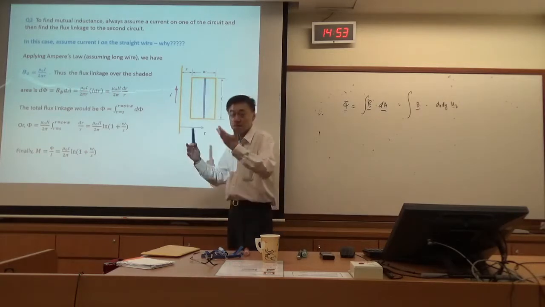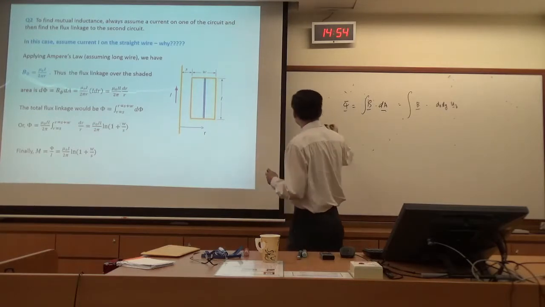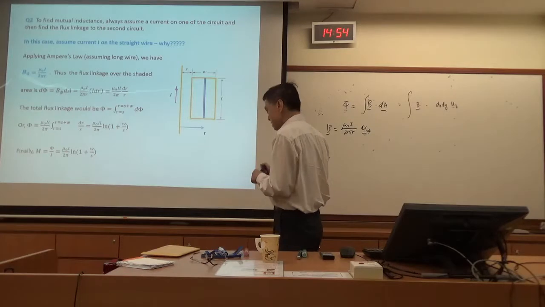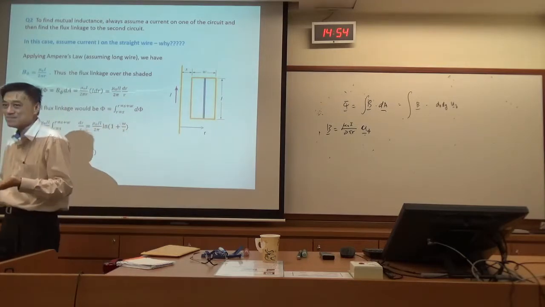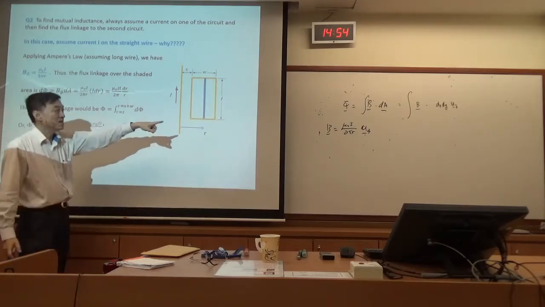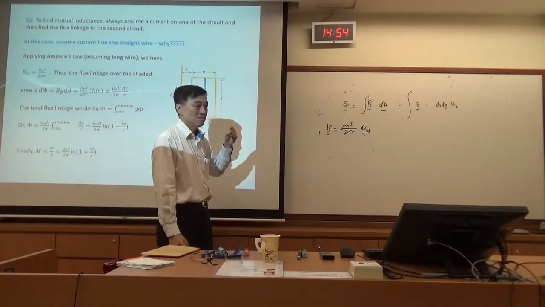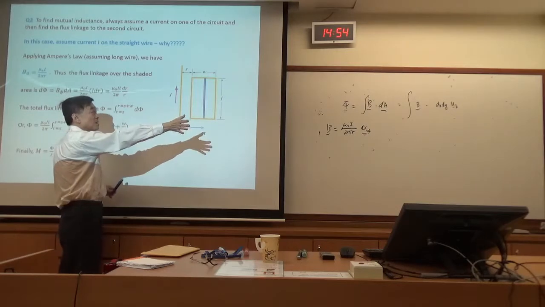But what is this B? My B is given here. B is equal to mu naught I over 2 pi r u phi. That sounds a bit troublesome. Then how am I going to write this one, because it's supposed to be B dot dA? Well, B is B phi.